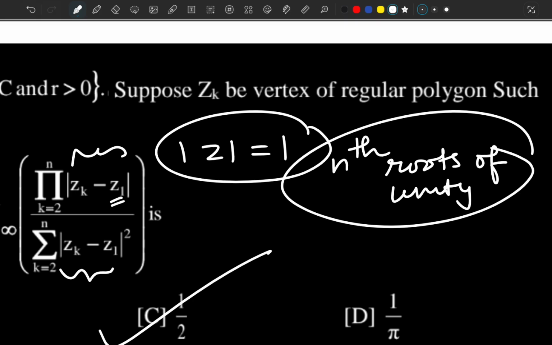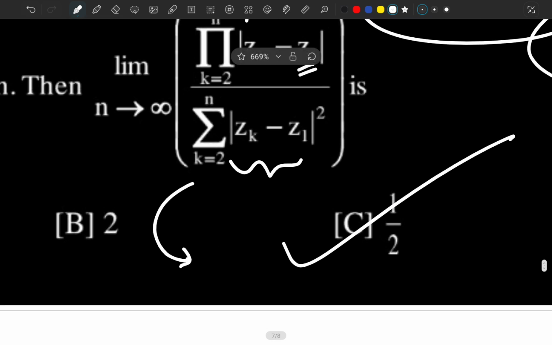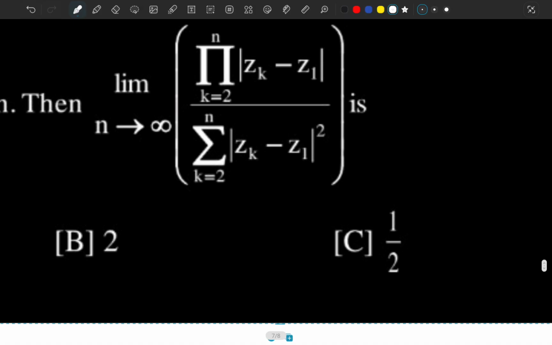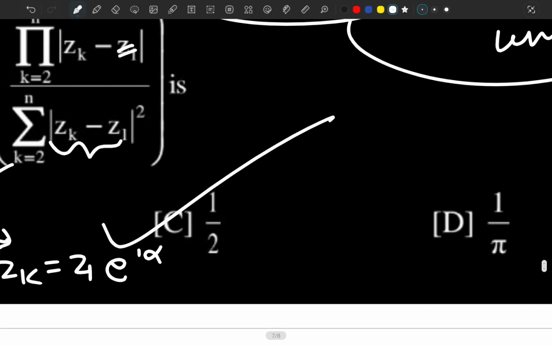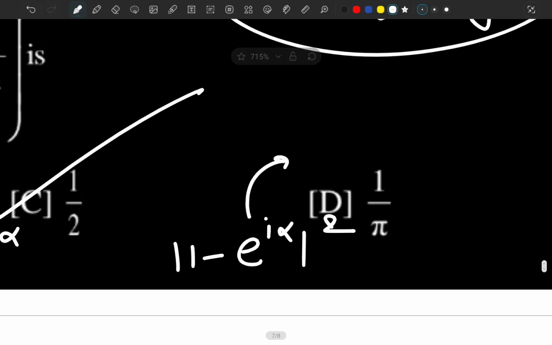You have to write zk in terms of z1, something like e to the power i alpha, and then it will form 1 minus e to the power something like that, squared. Then you have to convert it into polar form.